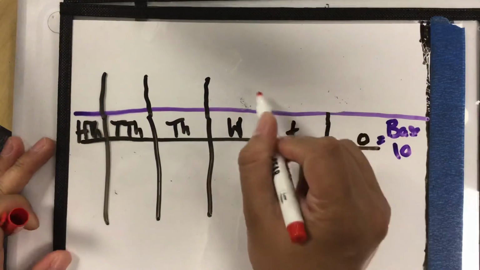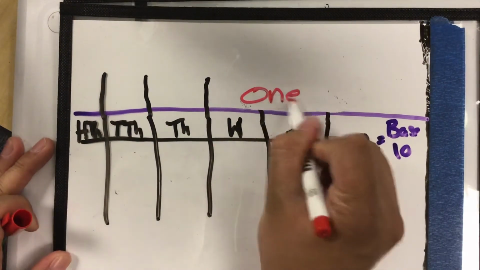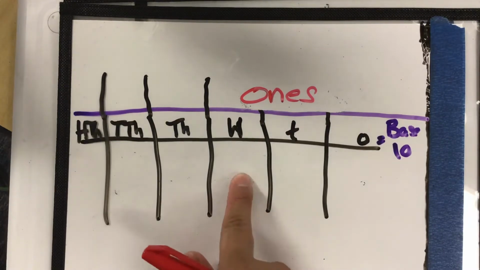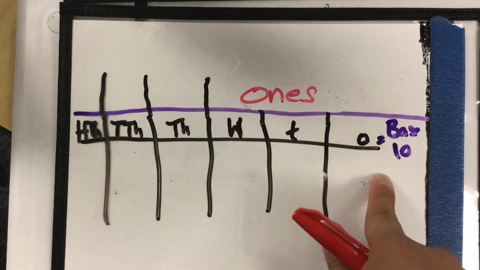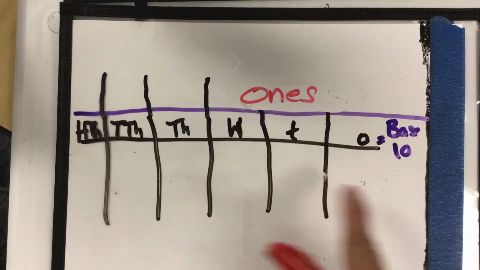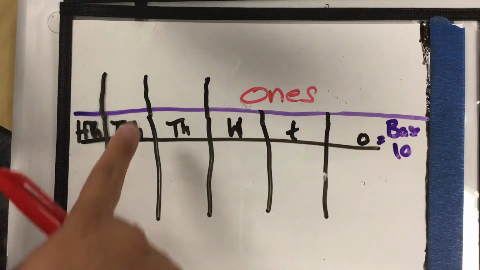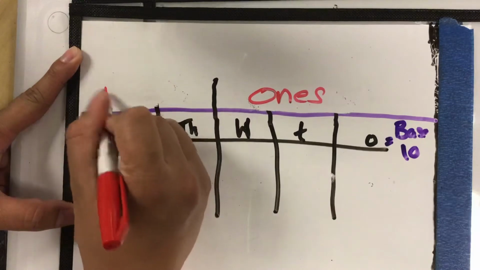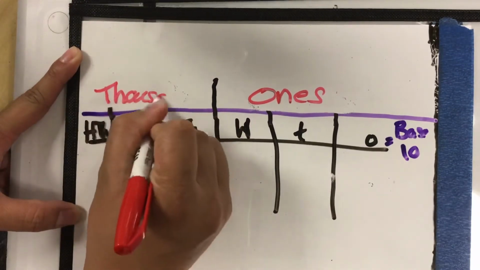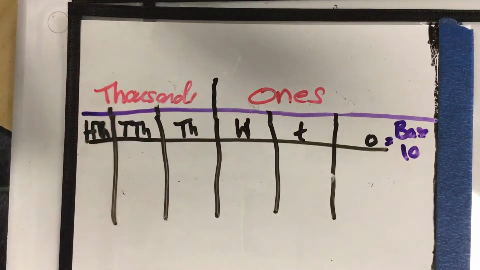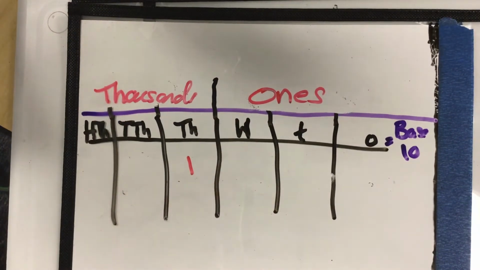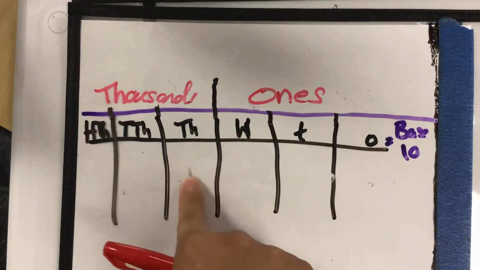So based on what we have here, we just have our ones. With those ones, it's always counted by one of those. Now when we get over here to the thousands, we are now counting how many thousands there are. So for instance, if there's 1,000 over there, we have 1 thousand.